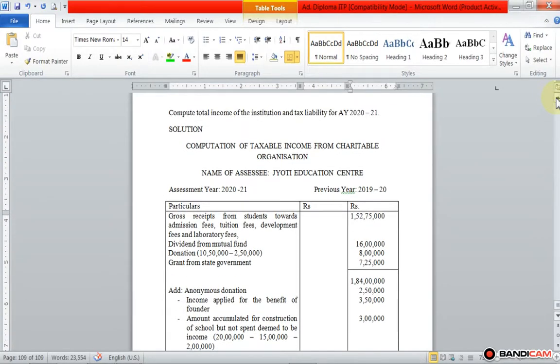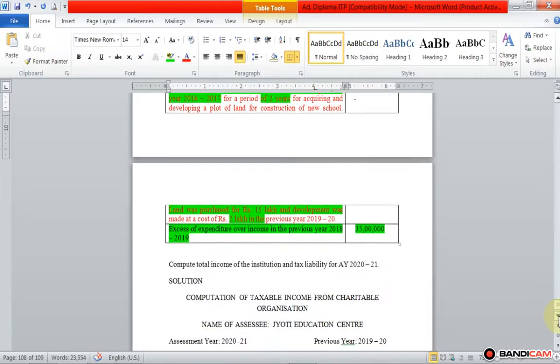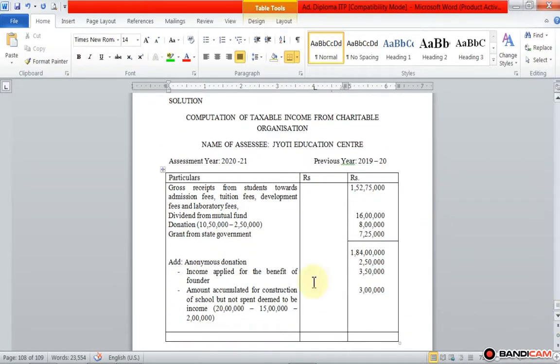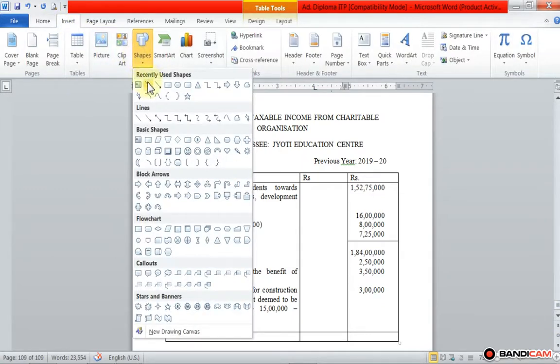Here we consider the amount used for the benefit of founder, and the deemed income of the construction of school. Now here we make a total of outer column.